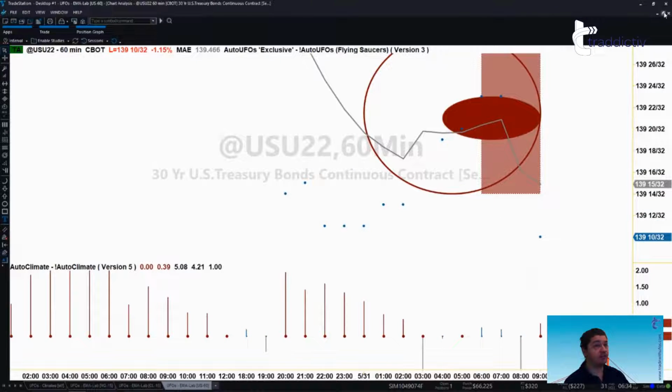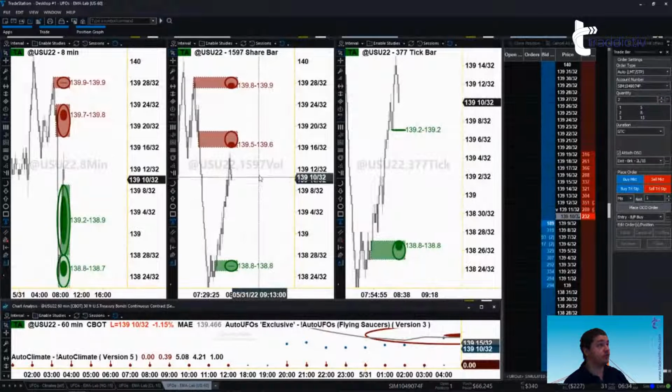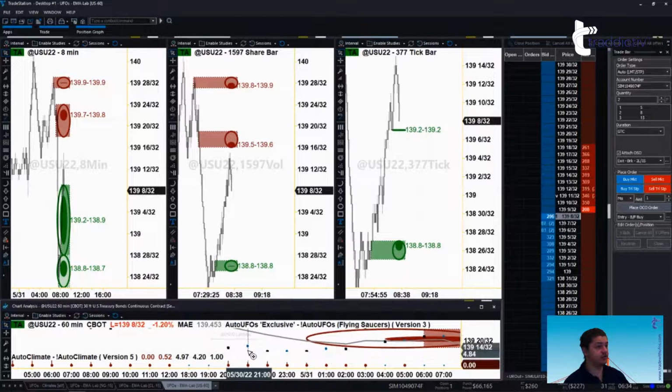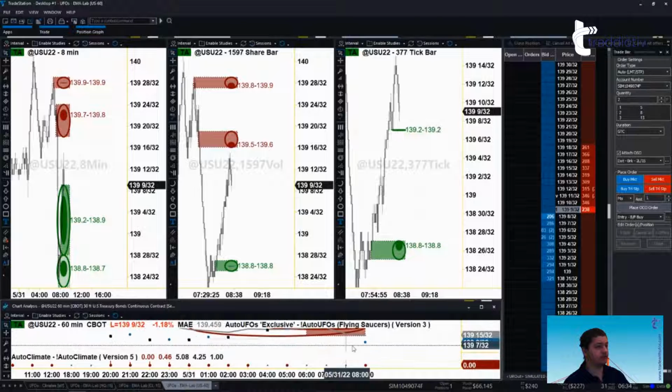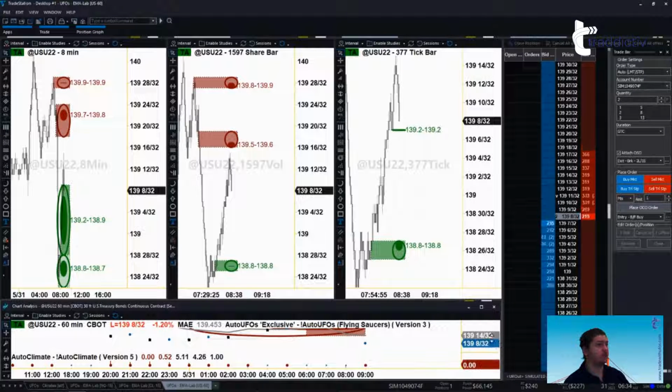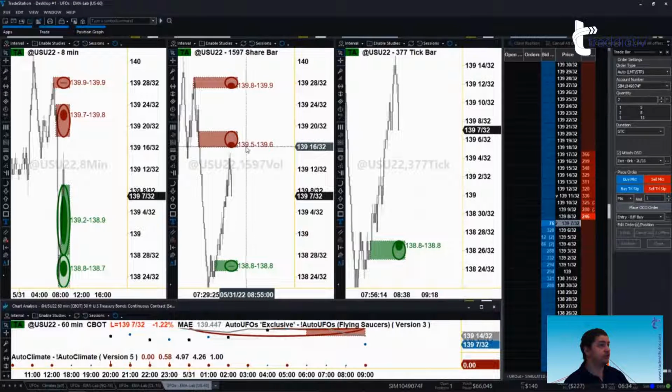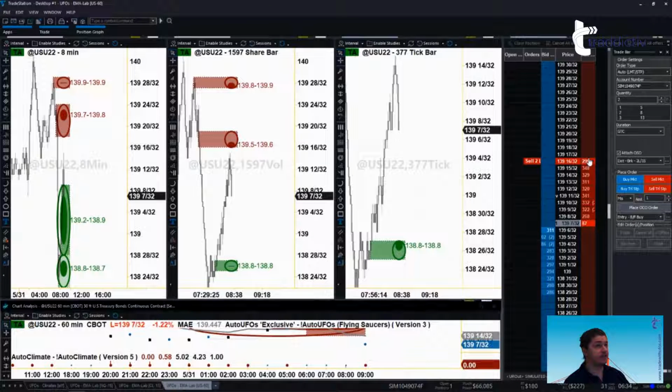At 139, 1532s. 139. Oh, actually, it was right there. 139, 1532s. Why does it look so far? 950. Yeah, okay. No, it's fine. It's fine. So, it wouldn't have filled even if we were on time on this.